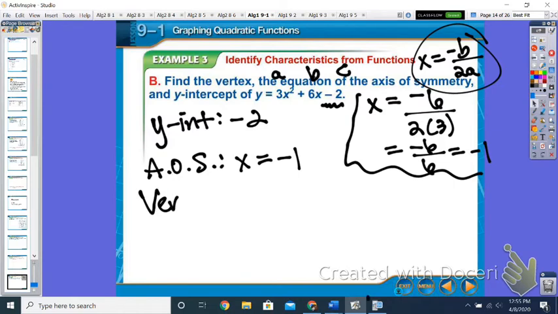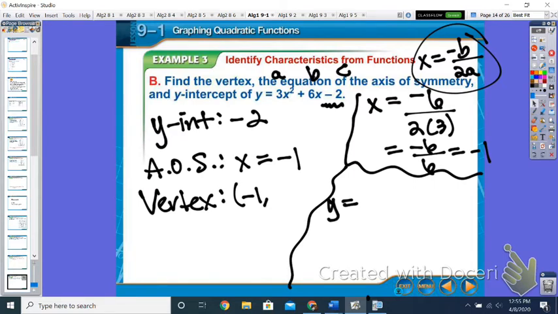And then again, for our vertex, we already know that -1 is going to go as our x-coordinate. Now we're going to have to substitute in. So again, you might just jump over and start typing this into your calculator, right? But I'll write it out here.